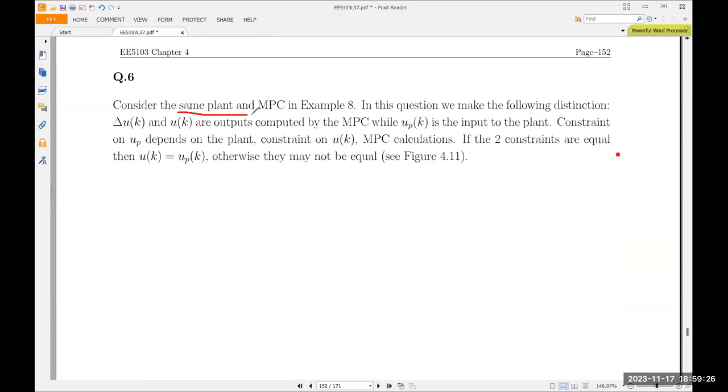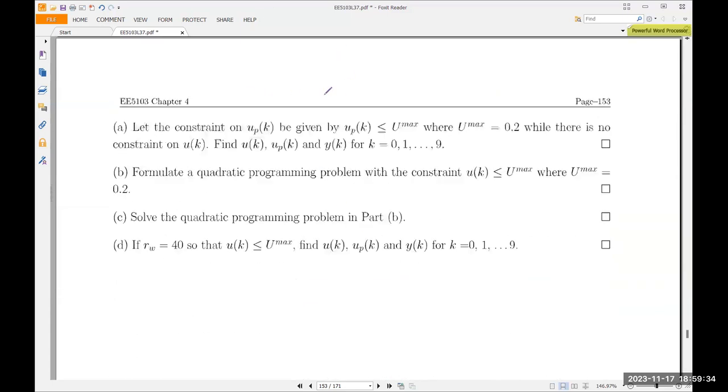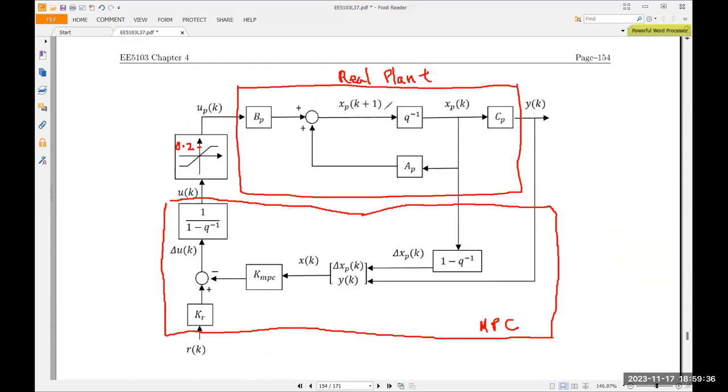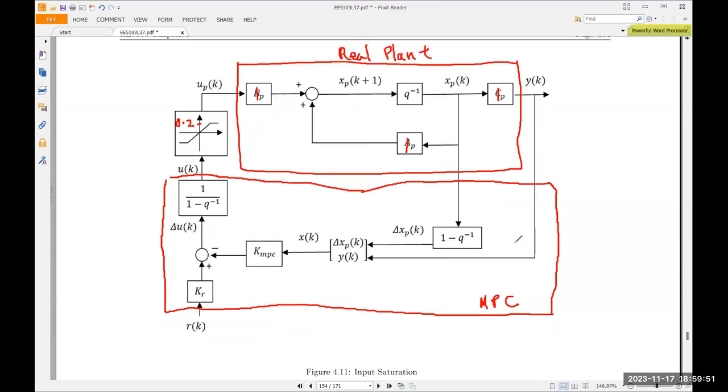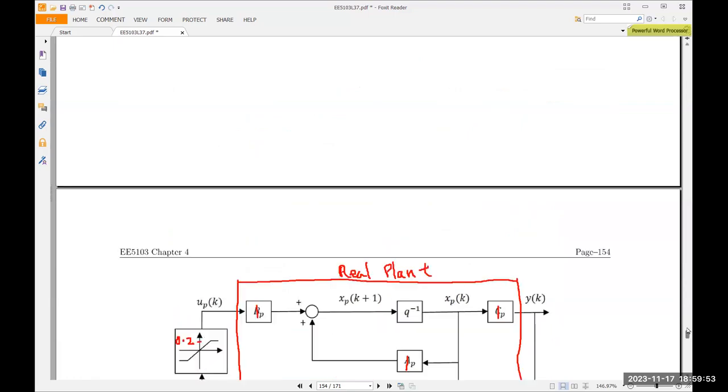So I take the same example as in example 8. All right. So it's the same plant and the same MPC. So in example 8, you have this, and example 8 says B is 1, this one is 1, A is 1, C is 1. Let's go and look at example 8.